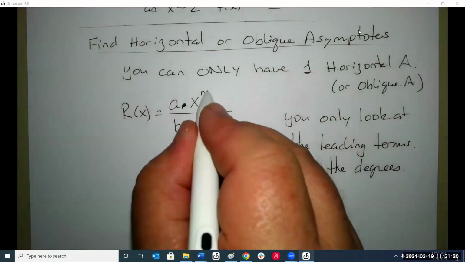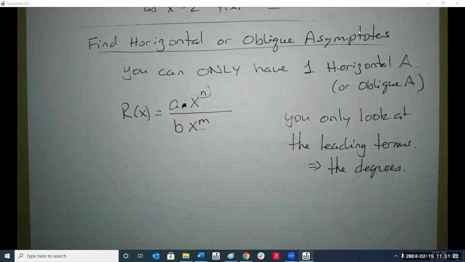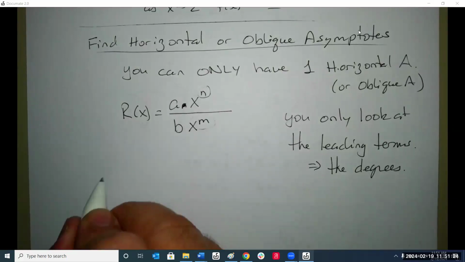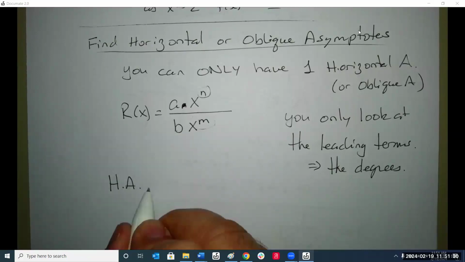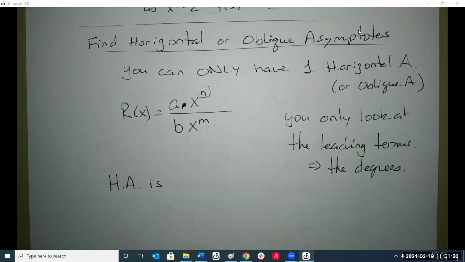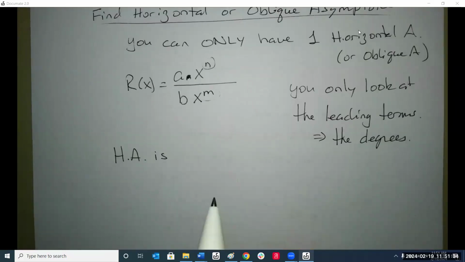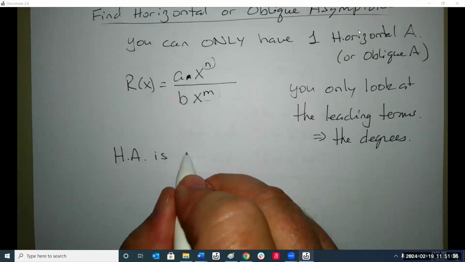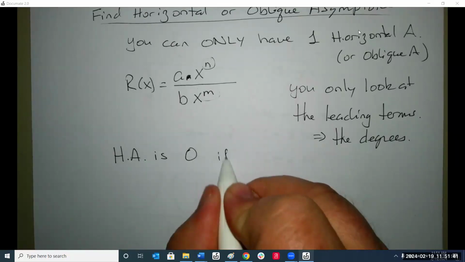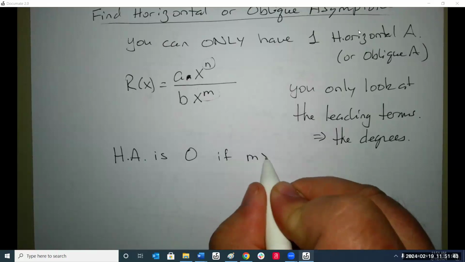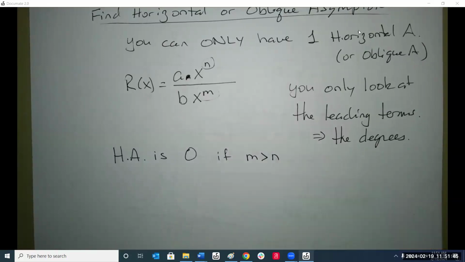The degrees are m and n. The horizontal asymptote is zero if m is bigger than n.